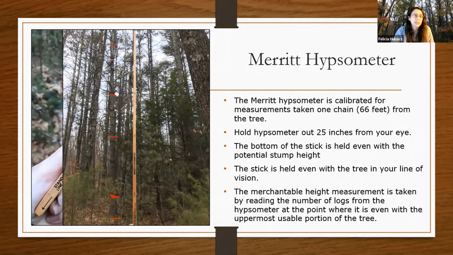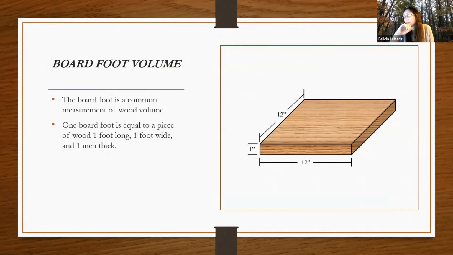And the reason that we take the height and the diameter is so that we can then figure out what board foot volume is. So board foot volume, it's a very common measurement that we use when we're talking about trees as lumber.